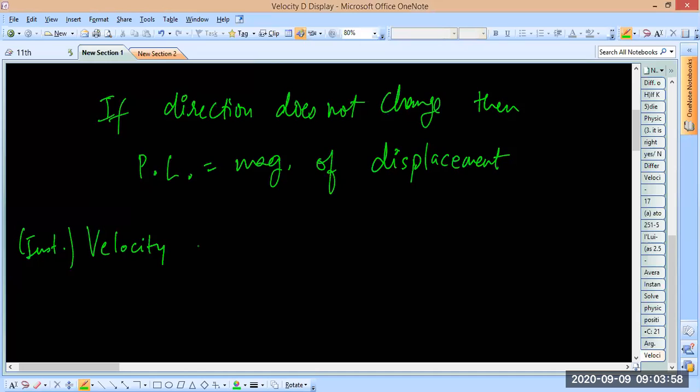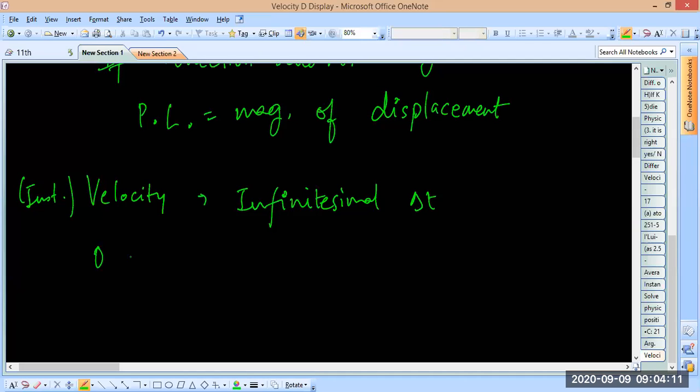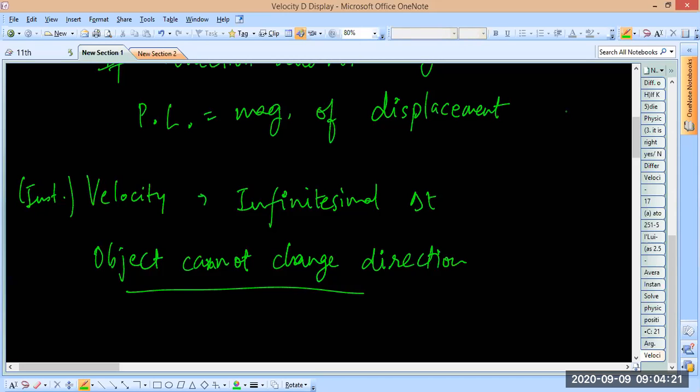Because we are taking an infinitesimal time interval, infinitesimal delta t, in that small time interval, the object cannot change direction. To change direction, it needs some time.